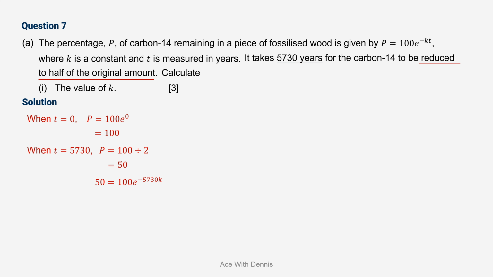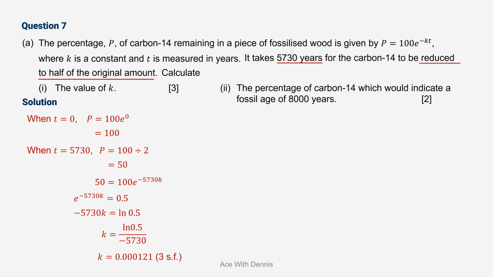Substituting these values, it becomes 50 equals 100 times e to the power of negative 5,730k. Now solve this equation. e to the power of negative 5,730k equals 0.5, or negative 5,730k equals ln 0.5. Hence k will be ln 0.5 over negative 5,730, which is 0.00012, rounded to 3 significant figures.